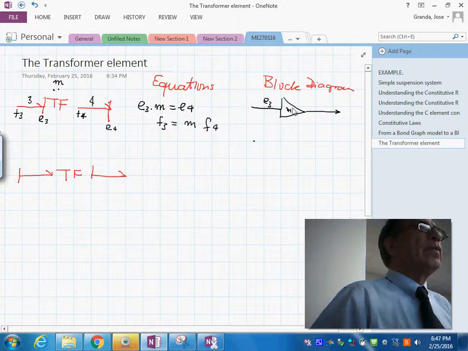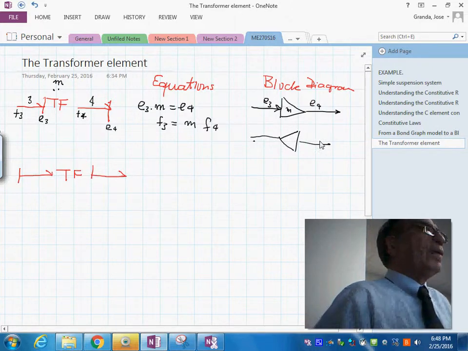And then in this case, F sub 4 times M is equal to F sub 3.